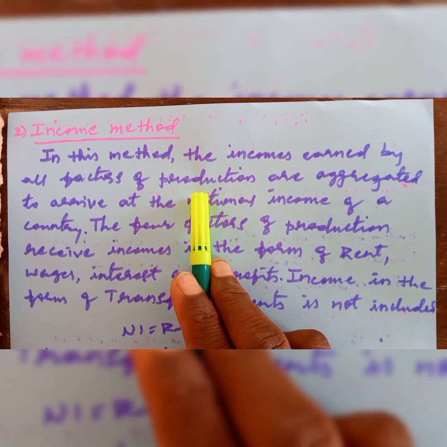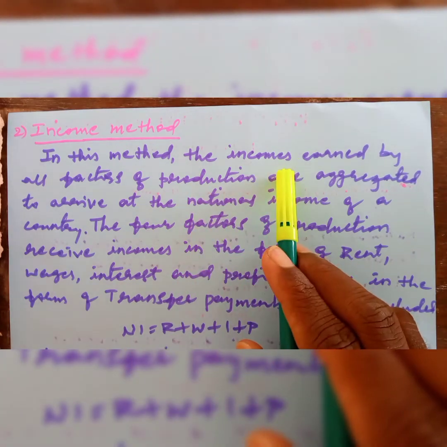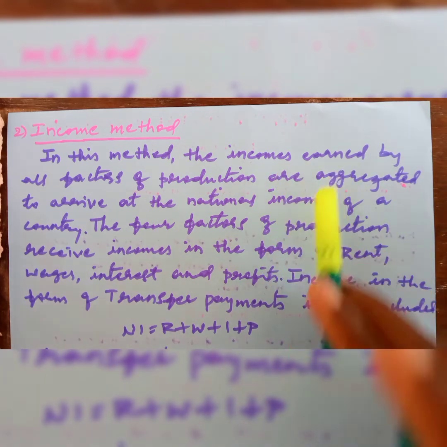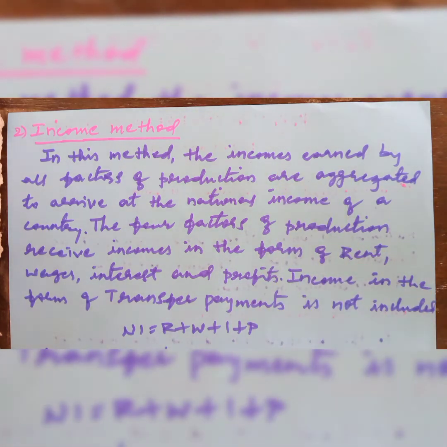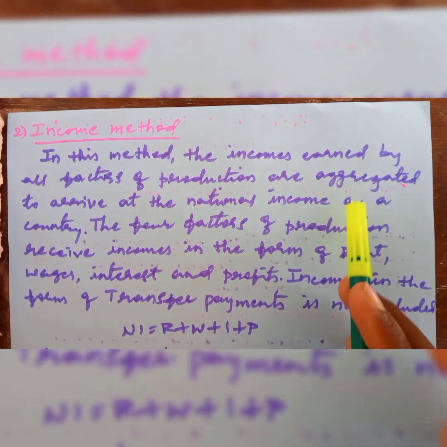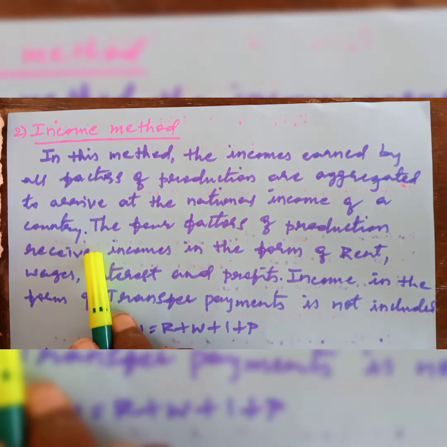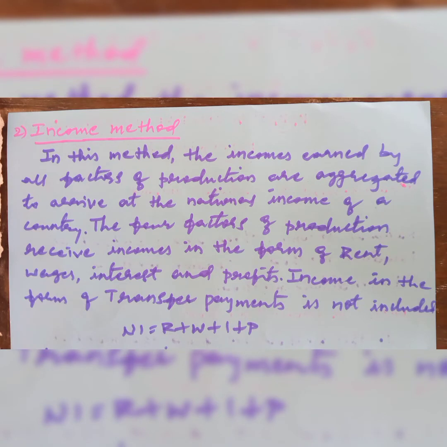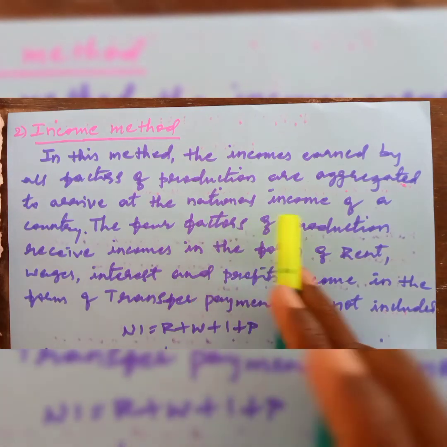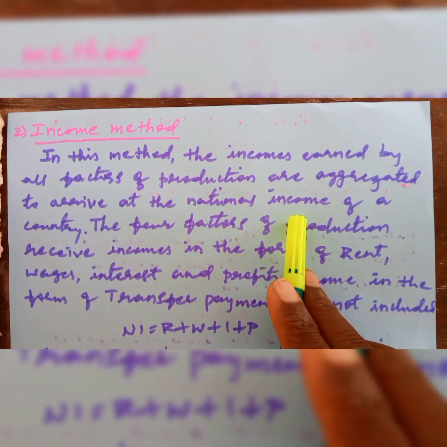Through all these factors of production, income is earned by each and every individual and group of people. So that income is aggregated to arrive at the national income of a country.